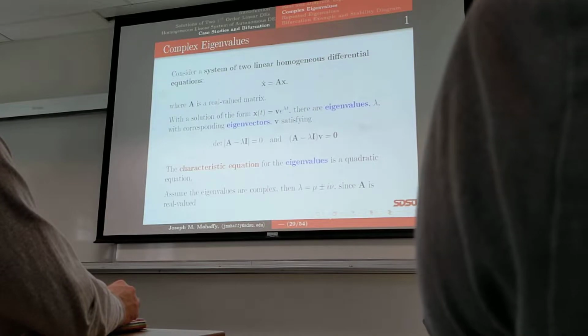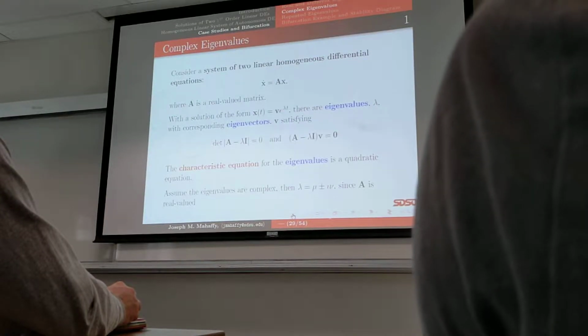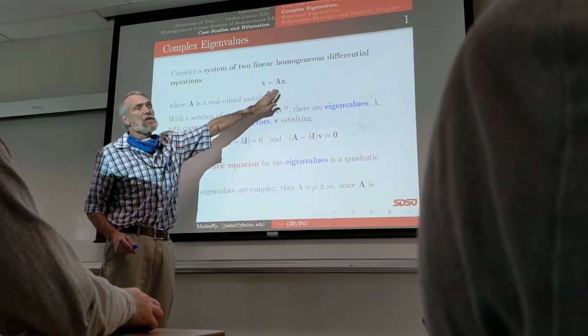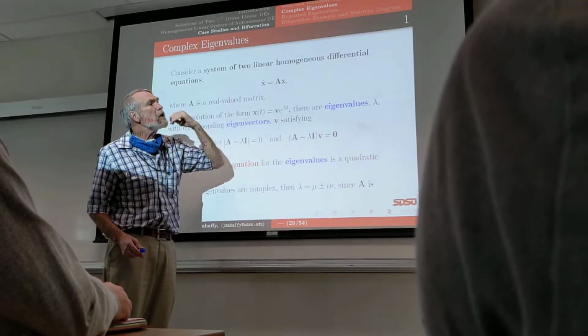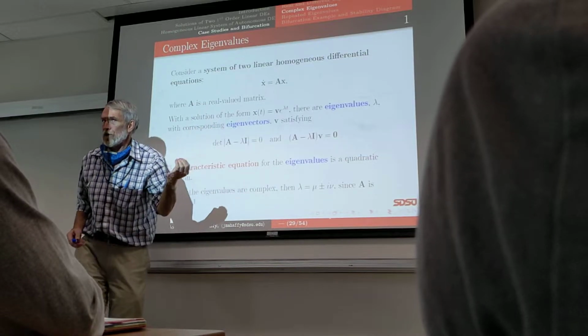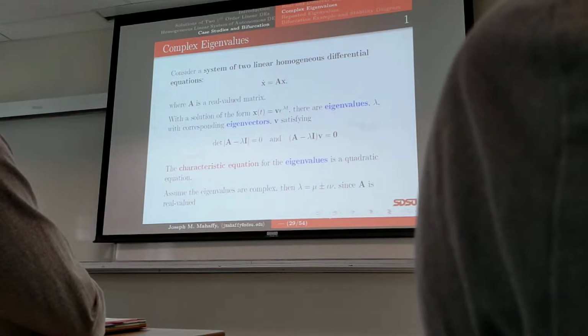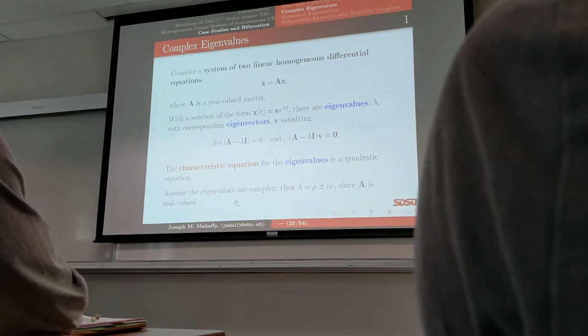Again, we're only looking at the case where A itself is real, and we're only going to be looking for real solutions. So one of the things we have to do is figure out how we go from complex into real solutions. It's going to turn out to be a fairly easy way to do it, but again, it takes a little practice.